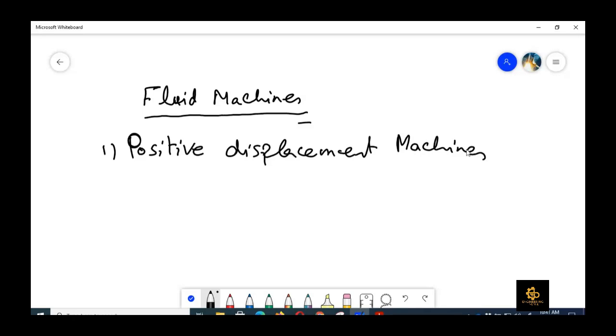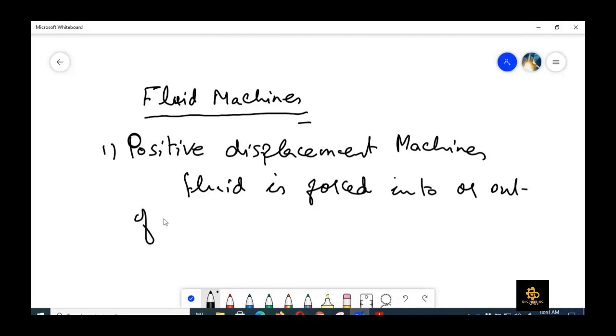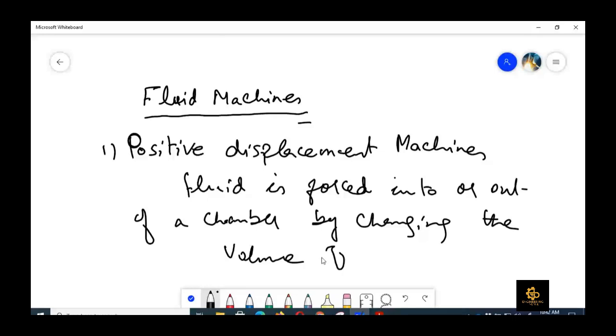In a positive displacement machine, the fluid is forced into or out of a chamber or control volume, by changing the volume of the chamber. So it means that we don't have any rotary motion in that.